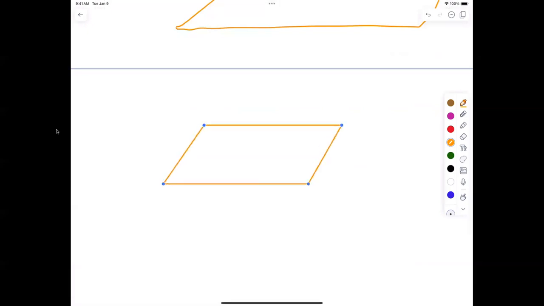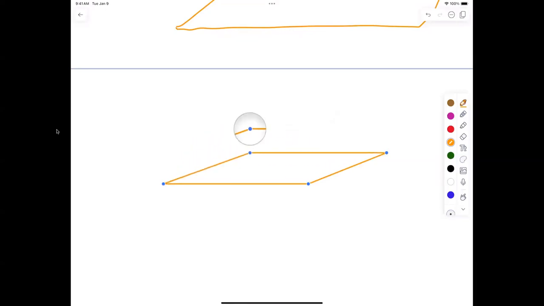So there we go. Now, this right here, I'm going to try to tilt this way. And this I'm going to try to tilt until I can see that's not the best. But that's a pretty good parallelogram, correct? So then I would make it so that it was exaggerated.